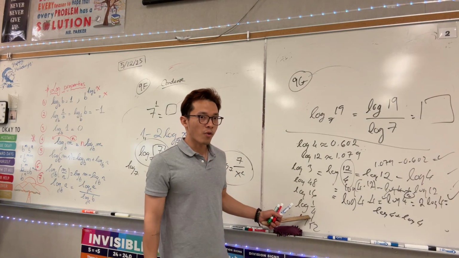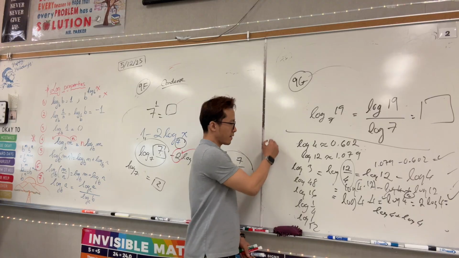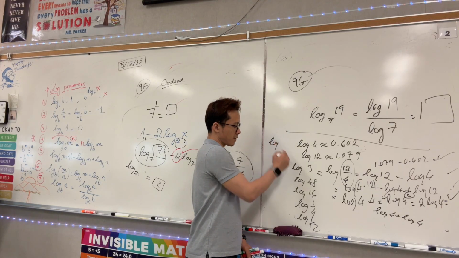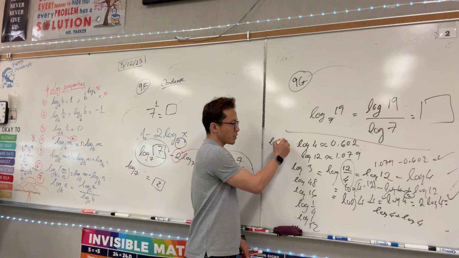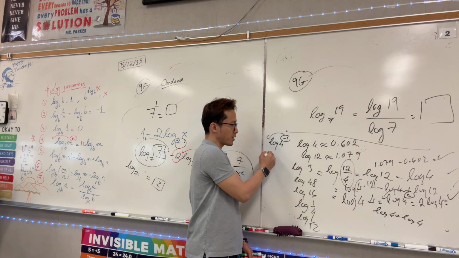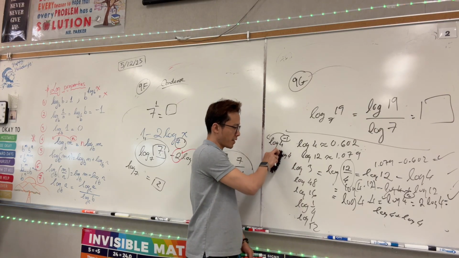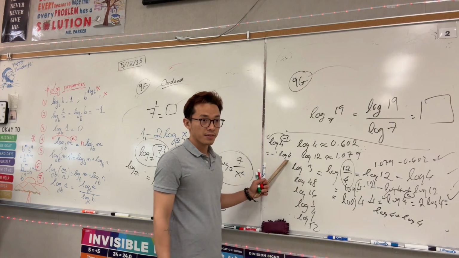How do you get 1 over 4? From square root of 4? No. Square root of 4 is a different thing. Log of 1 over 4 means 4 to the power negative 1. Right? You move the negative 1 to the front. So you have negative 1 times log 4. And you don't need the 1 here. Do we know log 4? Yes.